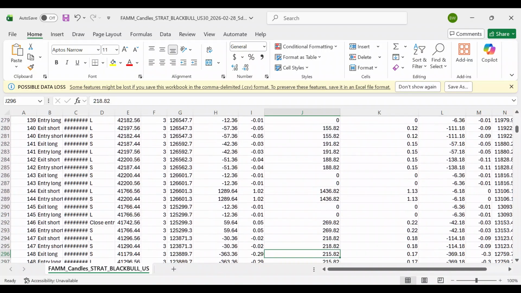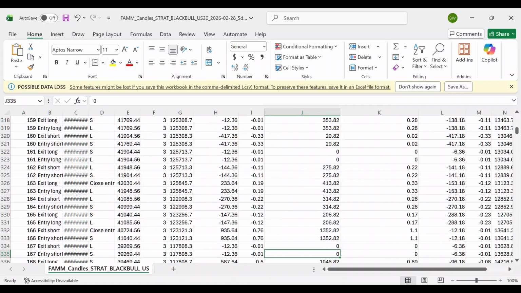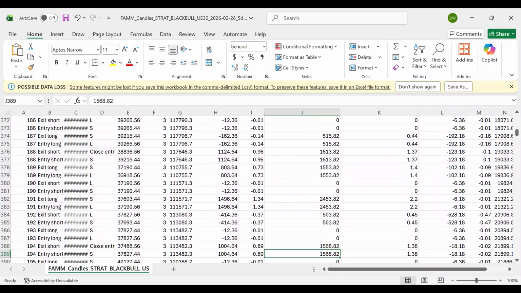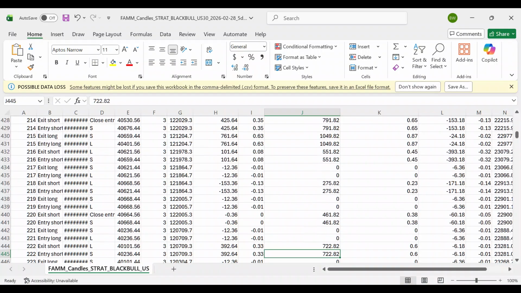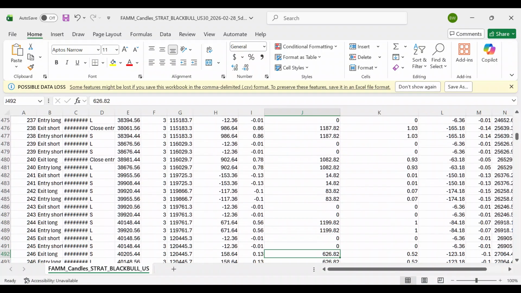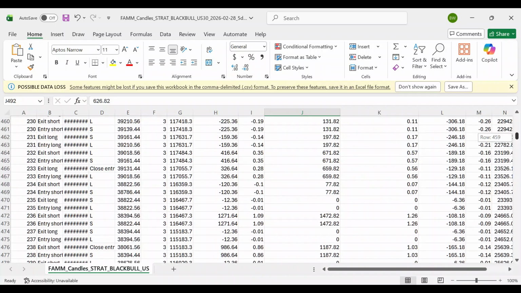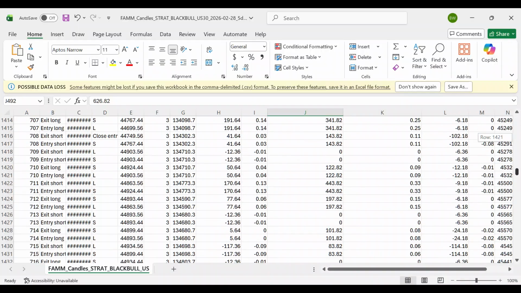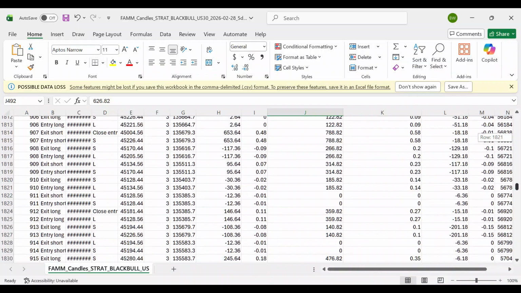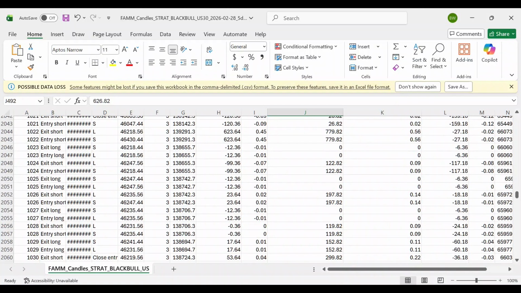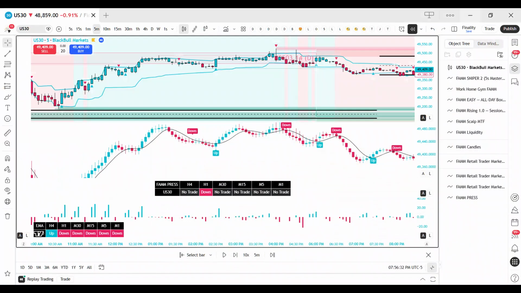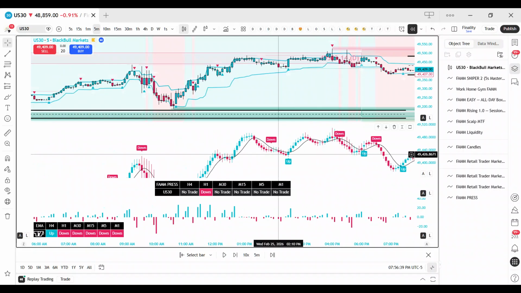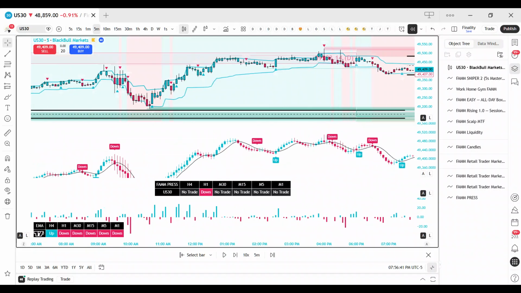But what I'm saying is that a lot of these are going to go into profit, as you can see. That's what I wanted you to see, and this is very long. You can just see as I'm zooming by, there's a ton of them. So these are not just running amok, these are really good entries, right?